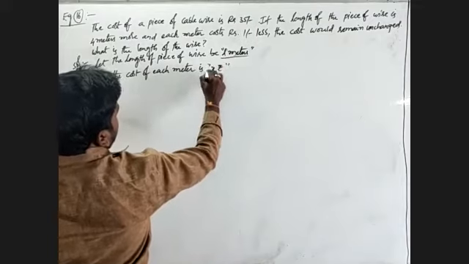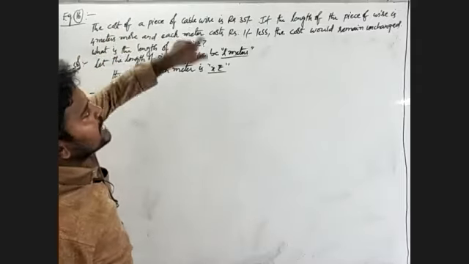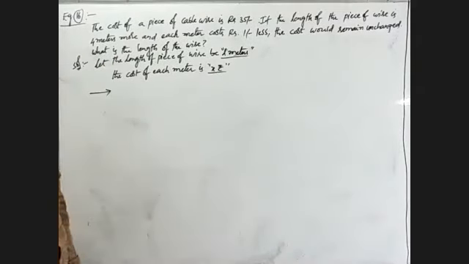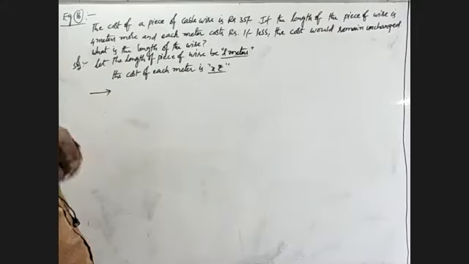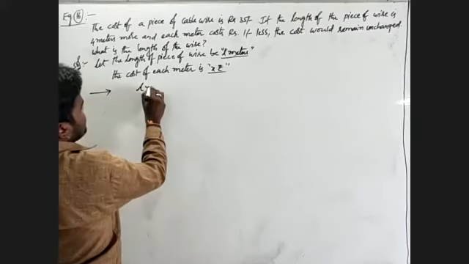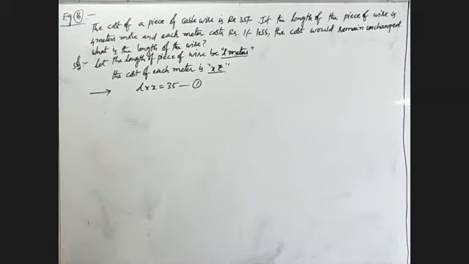But what is given? The cost of the piece of cable is 35 rupees, and the cost of the piece of wire means the length times the cost of each meter, that is L into x is equal to 35. This is my equation number 1.